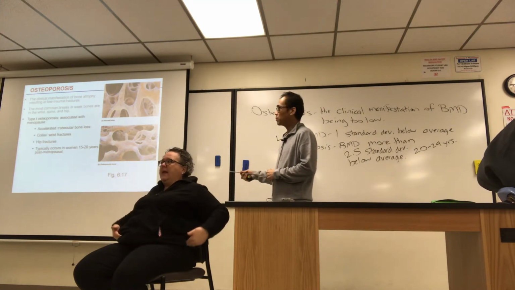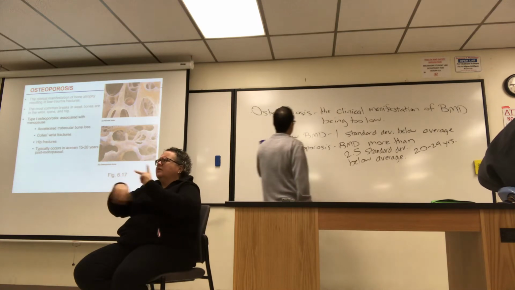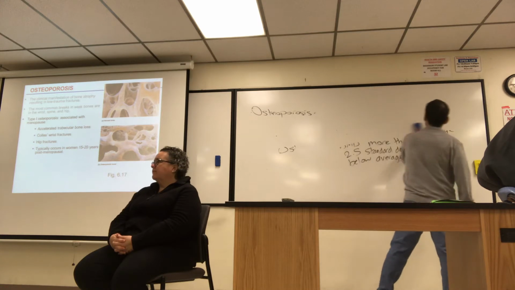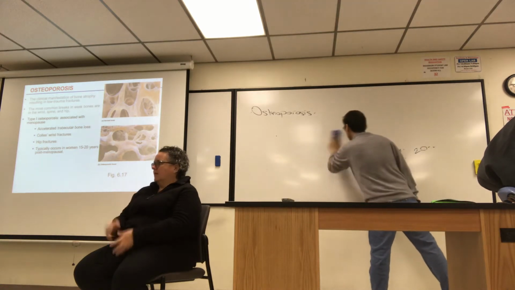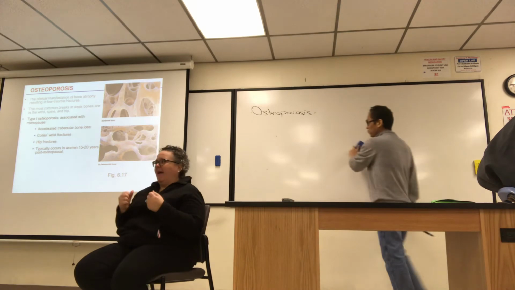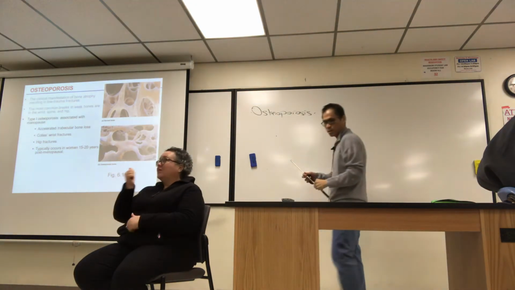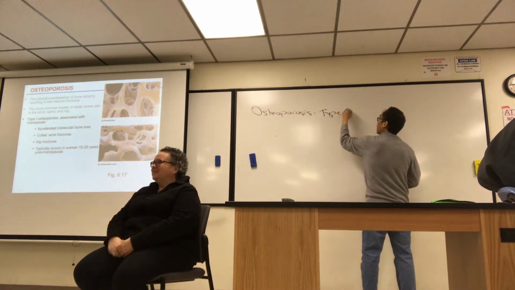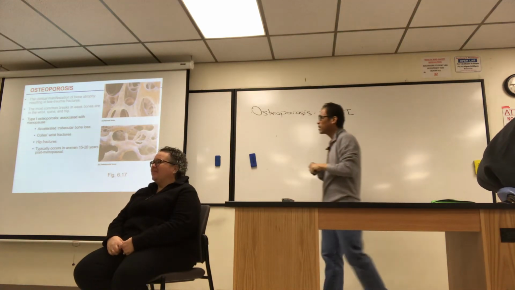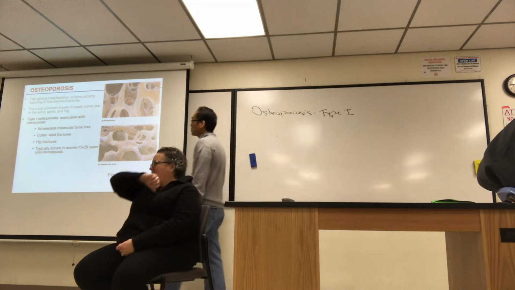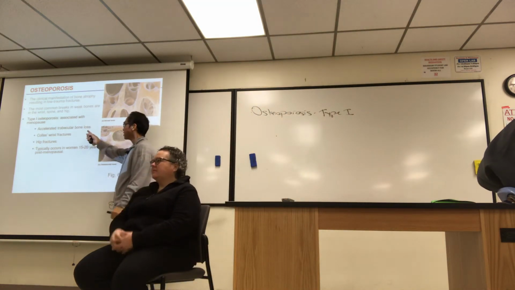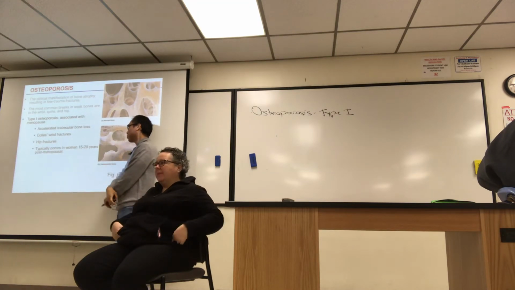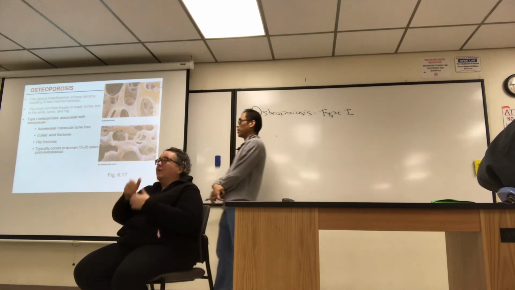There's a couple of types of osteoporosis, type 1, type 2. Type 1 usually refers to postmenopausal women. Let me read what I have on the slide. Associated with menopause, accelerated trabecular bone loss, wrist fractures, hip fractures, typically occurs in women 15 to 20 years post-menopause.